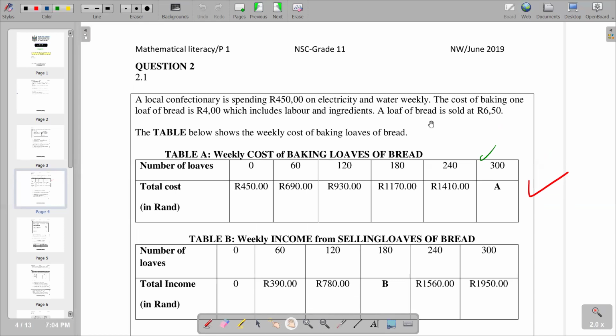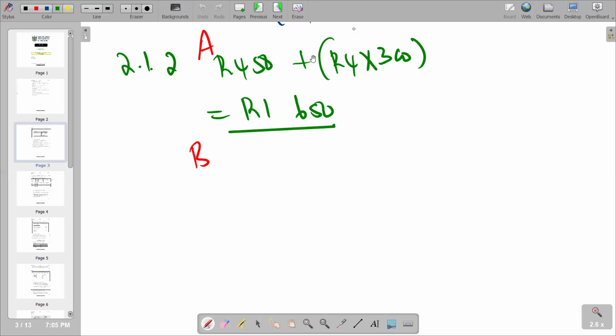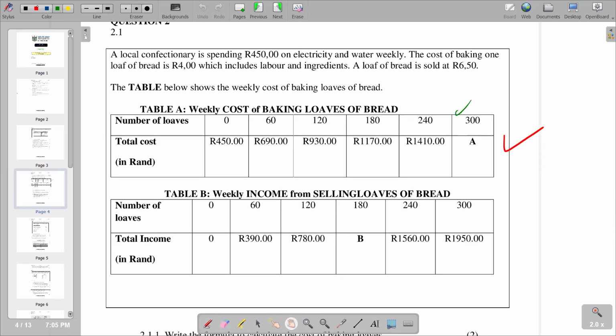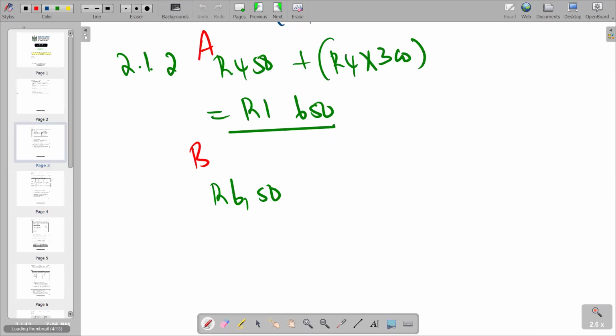So we have our 6 rand 50, which we are given at the beginning of the question as the income per loaf, and then we multiply by the number of loaves, which is 180.